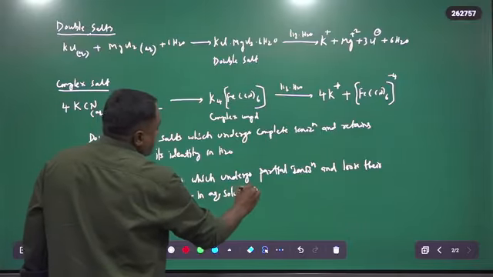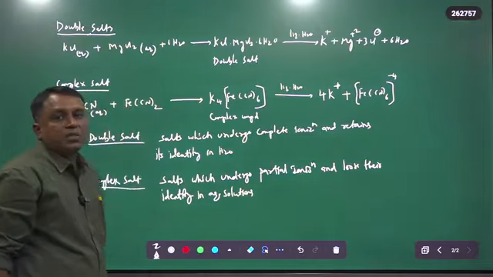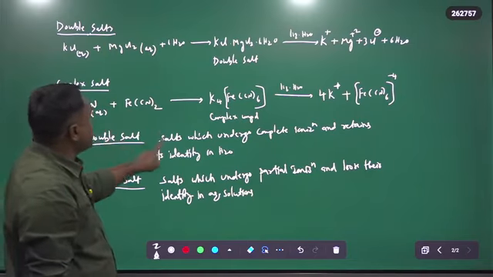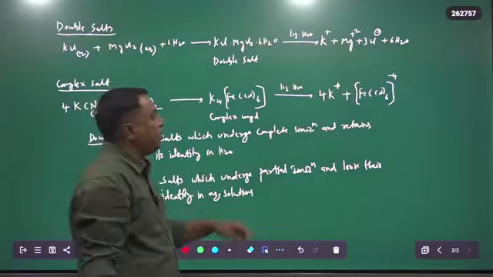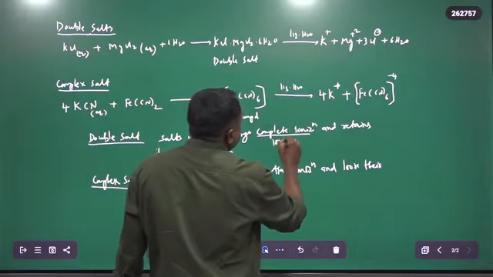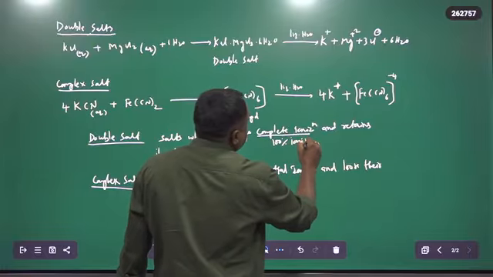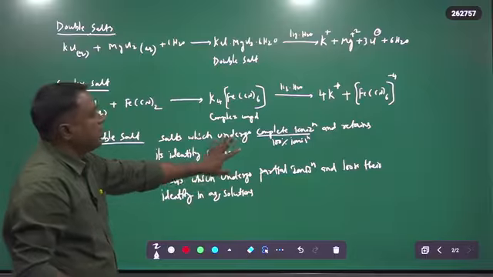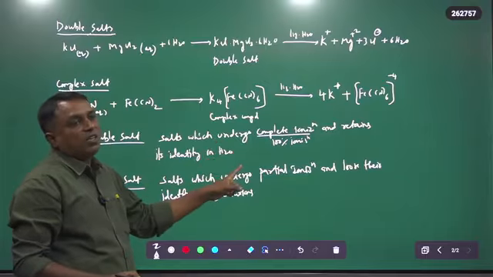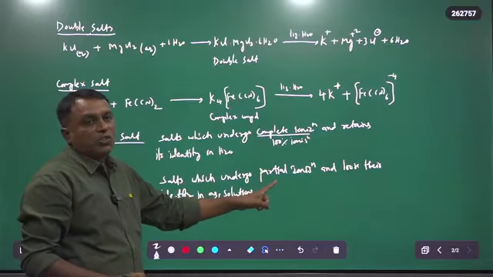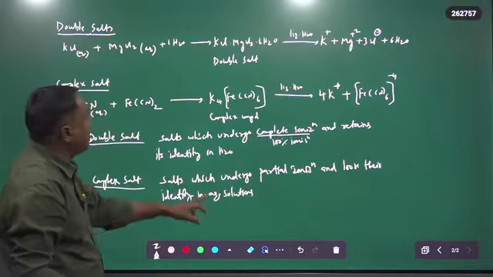Again, I will repeat: double salts undergo complete, that is 100%, ionization and retain their identity in water, whereas complex salts undergo partial ionization and lose their identity in aqueous solutions.